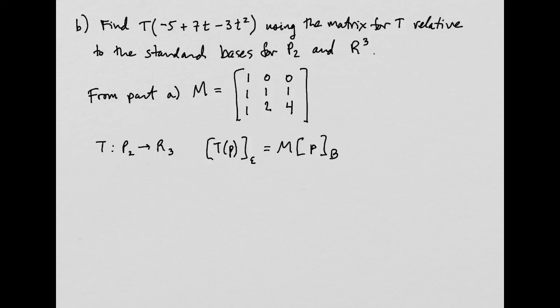But since this is the standard basis in R3, as we just saw, we could just say this is just T of p. In other words, the coordinate vector of T of p is just the same as T of p. And the right side stays the same. So we just have to do a little matrix multiplication.